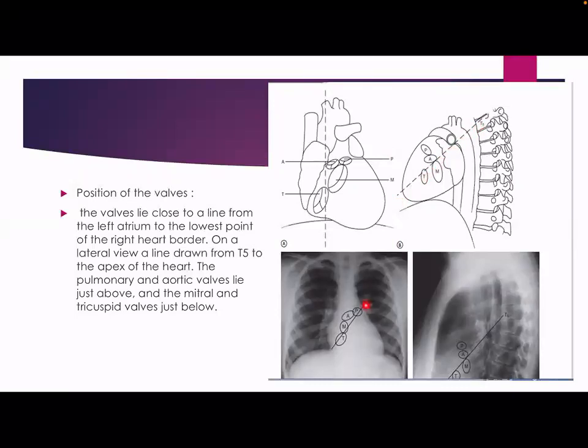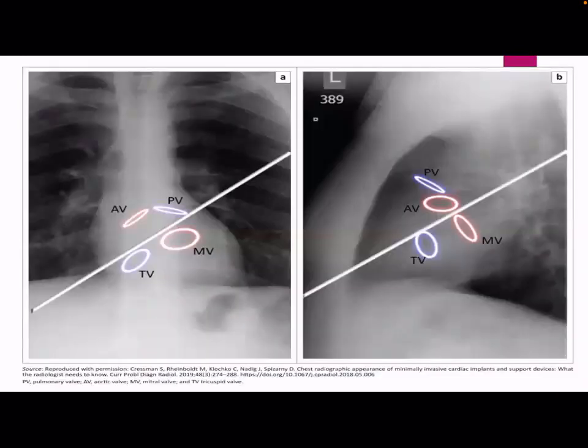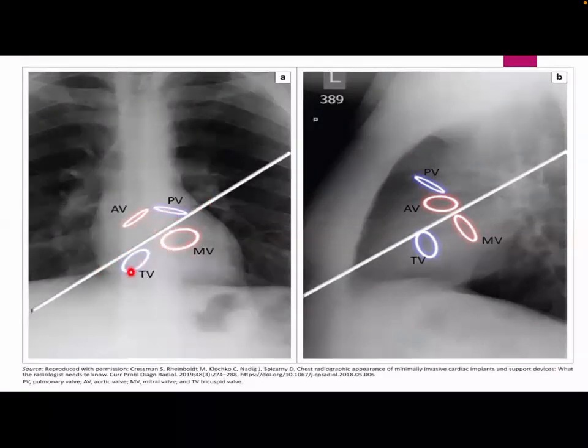The pulmonary and aortic valves lie above this line, while the mitral and tricuspid valves lie below this line. This is again the position of the valves in frontal and lateral chest X-ray, by a line drawn from the left atrial appendage to the most inferior part of the right heart border. Pulmonary and aortic valves lie above this line, mitral and tricuspid valves lie below this line.